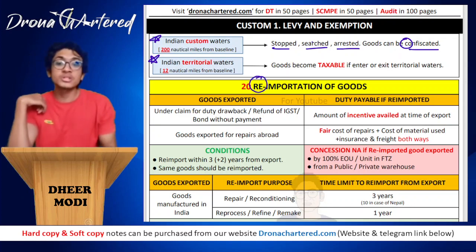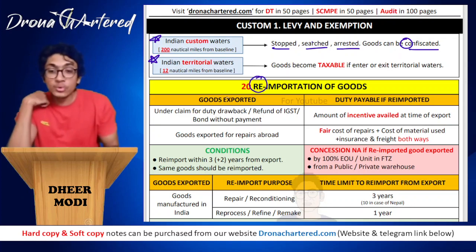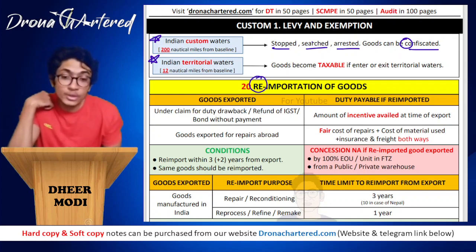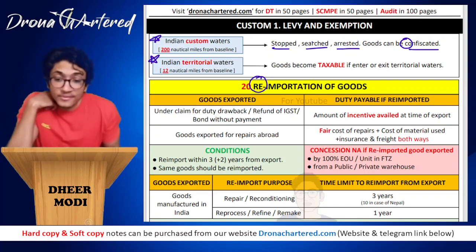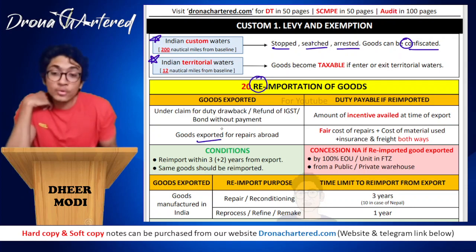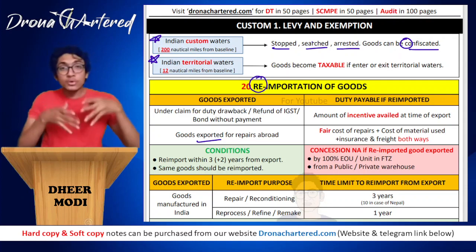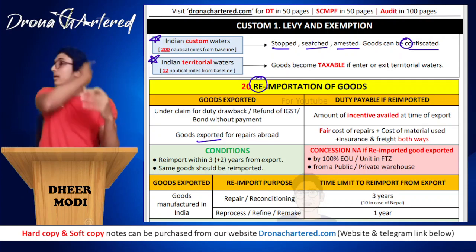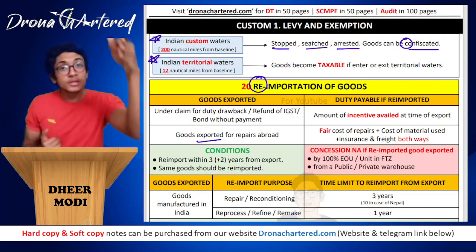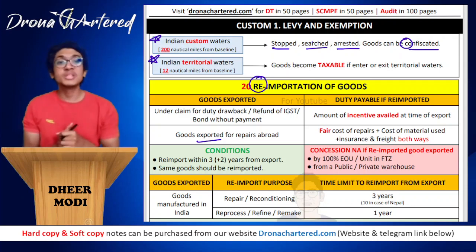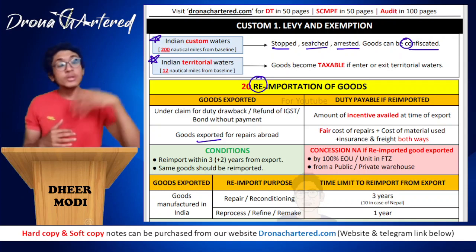Now next is re-importation of goods. There are two cases, that is when goods are exported and duty is payable if goods are re-imported. If goods have been exported for repairs abroad, so you had goods in India, and you exported these goods outside India for the purpose of repair, so that the person abroad will repair this machinery or whatever it is, and then you will re-import it.